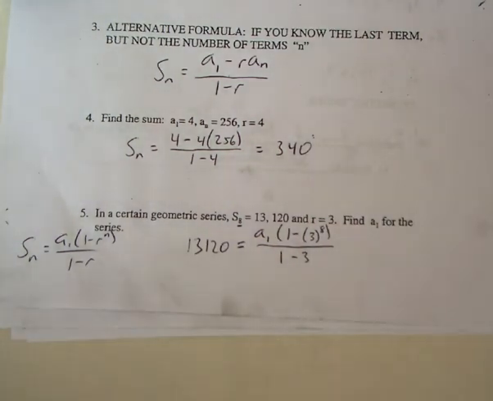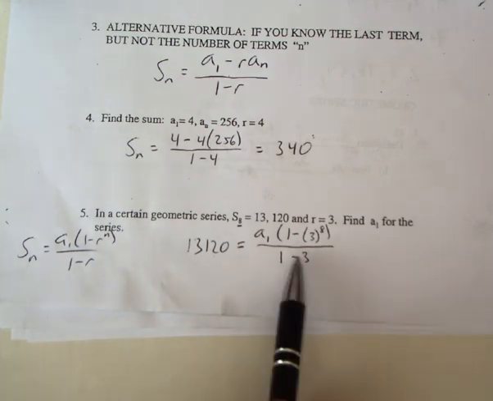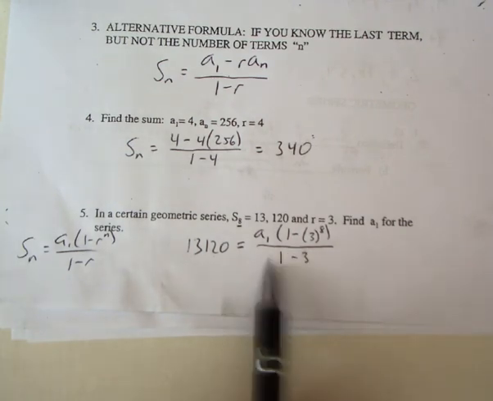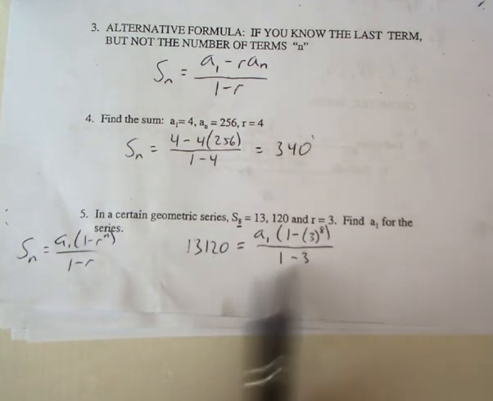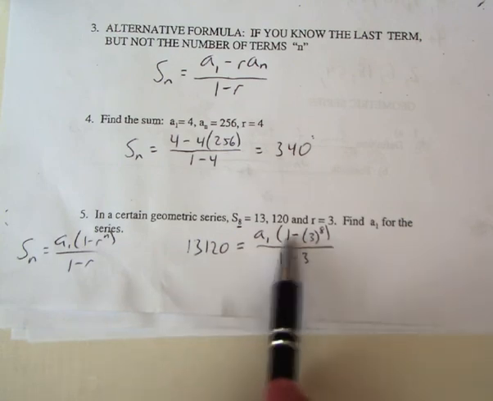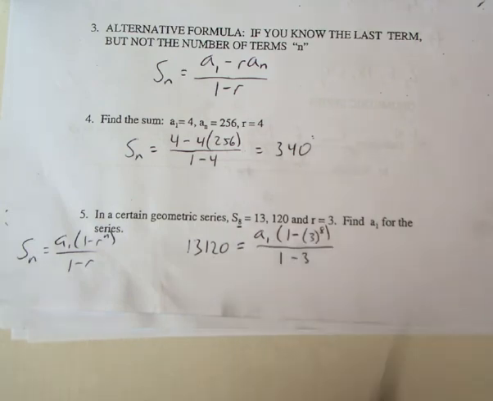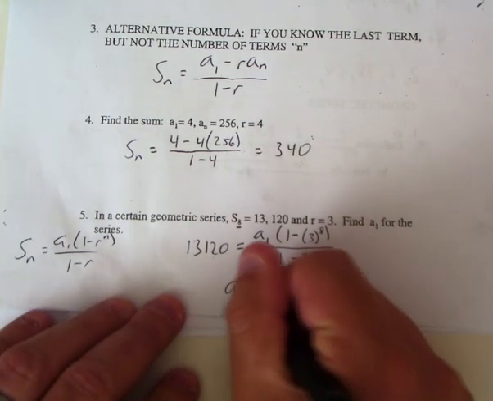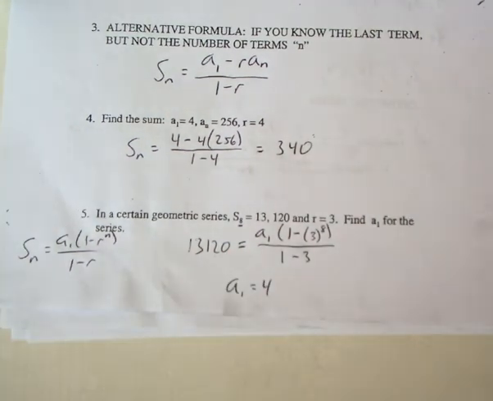And then you would just solve this for a sub 1. I'm not going to go through all the steps here, but this would be negative 2. So I would multiply both sides by negative 2, figure out what 1 minus 3 to the 8th is, and then divide both sides by it to get your answer. But the first term is 4.